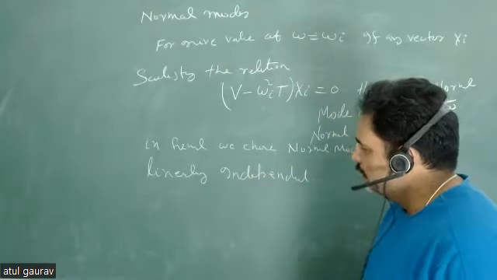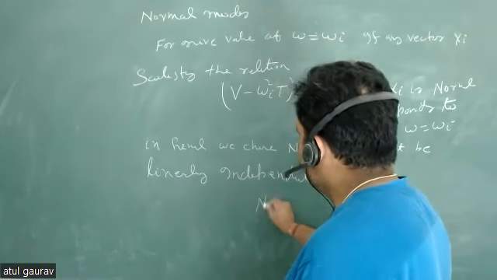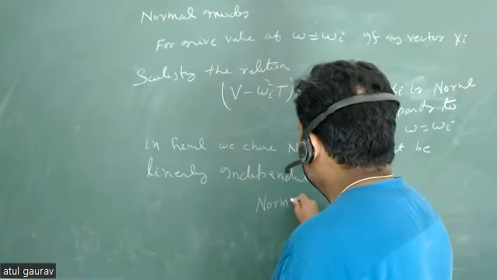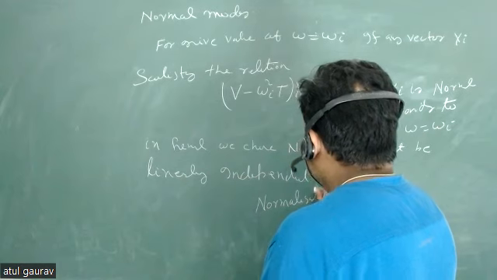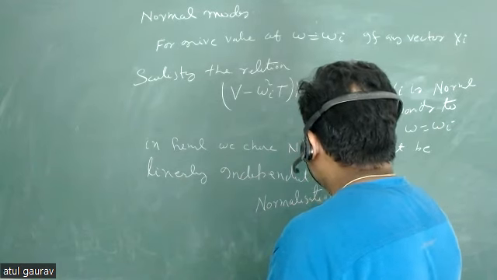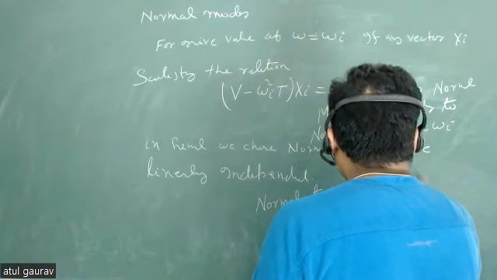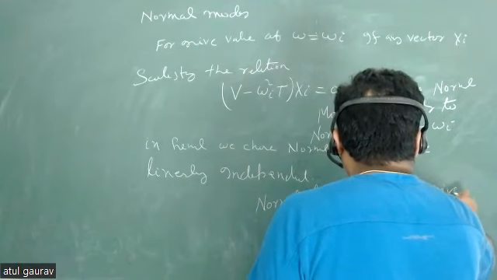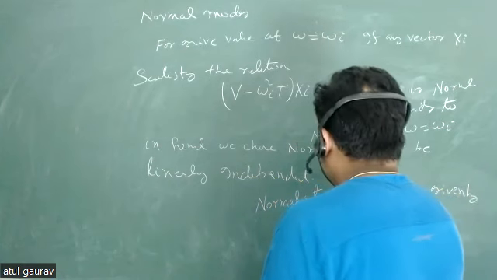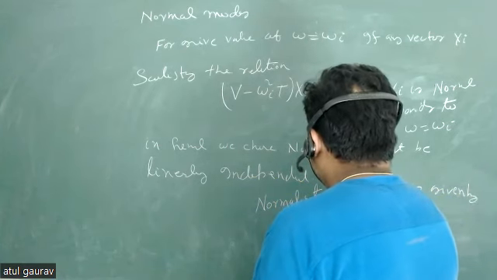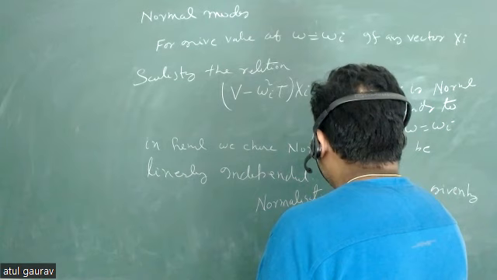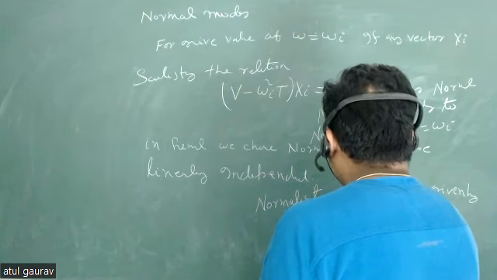And last but not least, the normalization condition is given by xi transpose T matrix xi must be equal to 1.